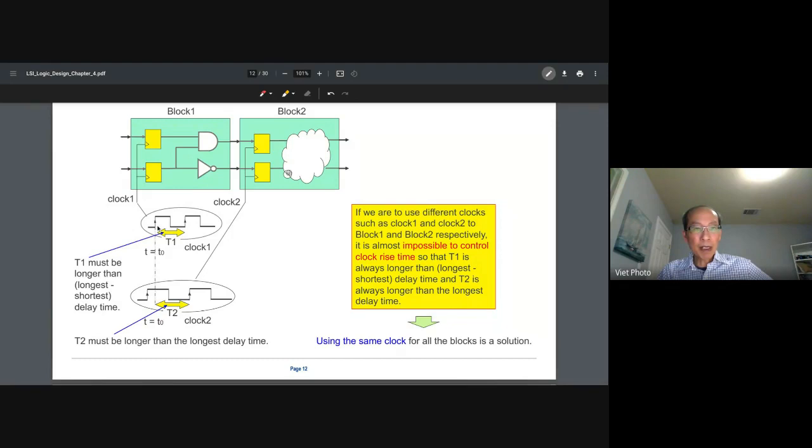This one, if it happened like this, it just happened right here. So the T1 here, you go from here to here, and T2 here. For that to work, the T2 here must be bigger than the T1 here.